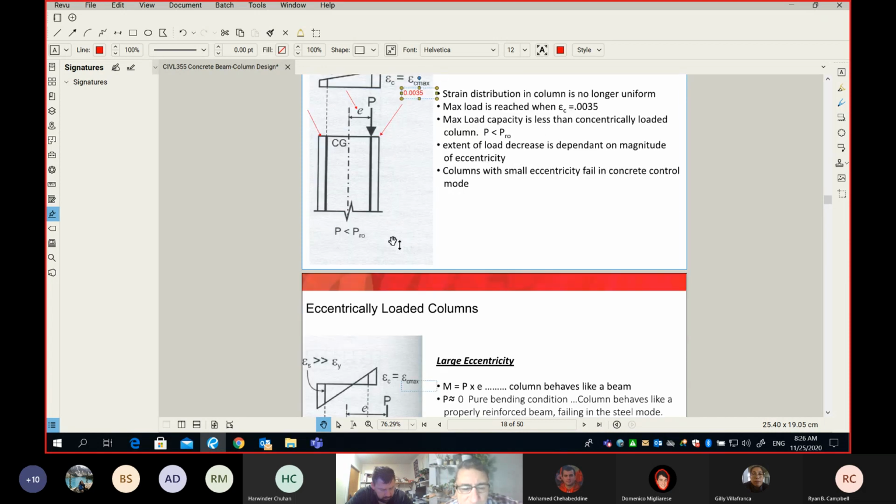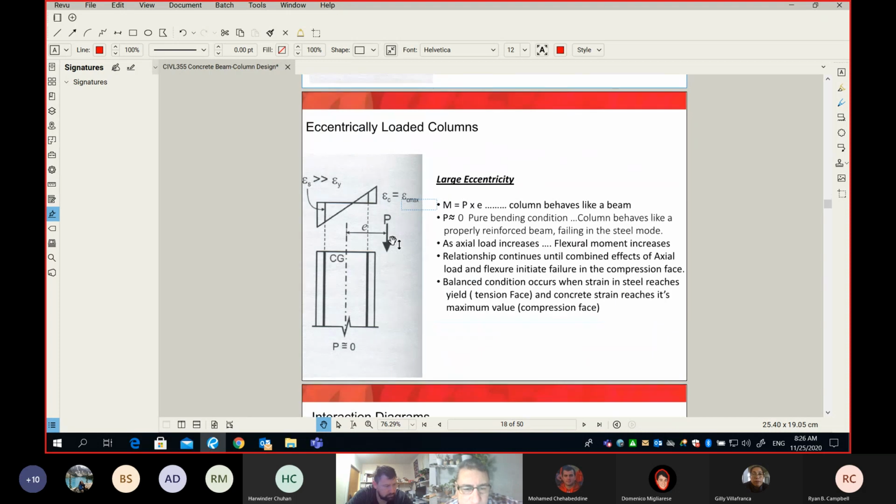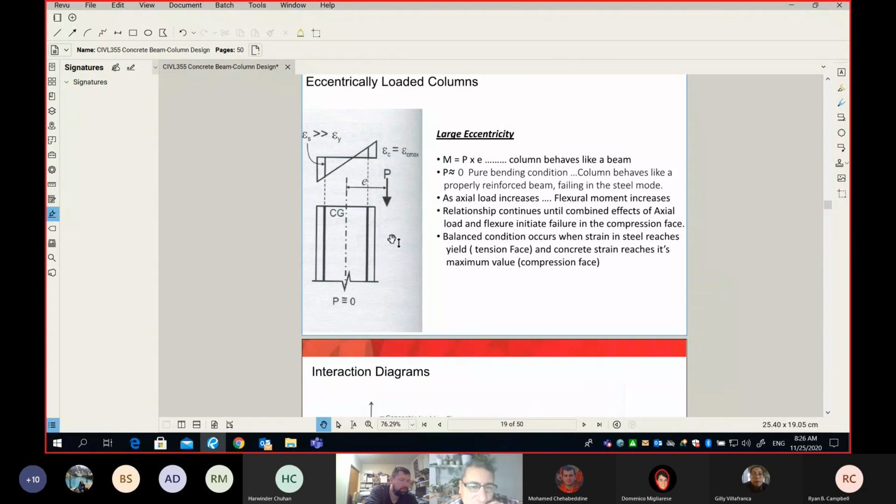If we push our force further from the centroid, one side will be in compression and the other side in tension.